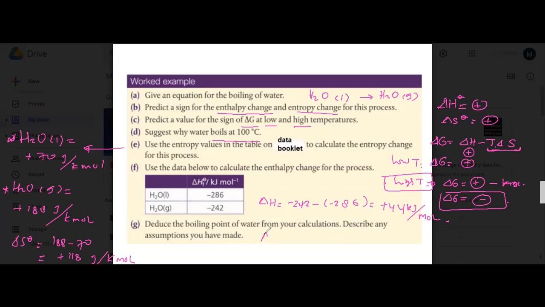As we know, at the boiling point, delta G equals 0. So delta G equals delta H minus T delta S, and this is 0.